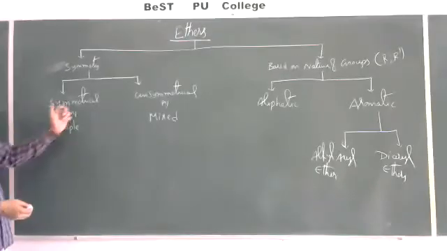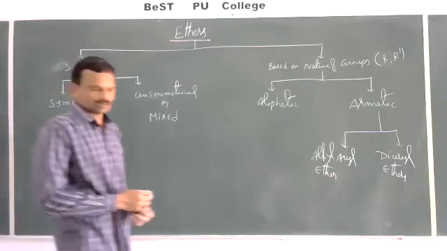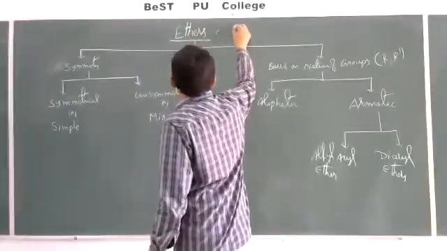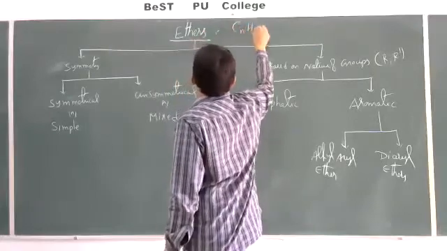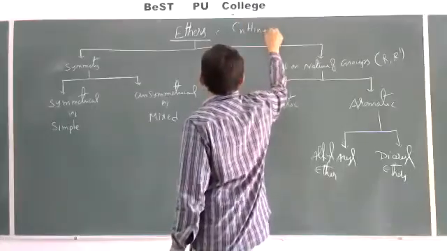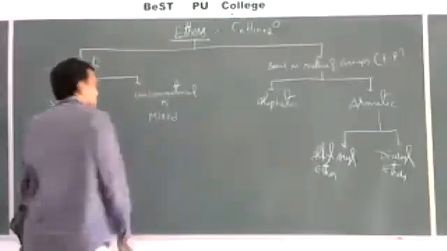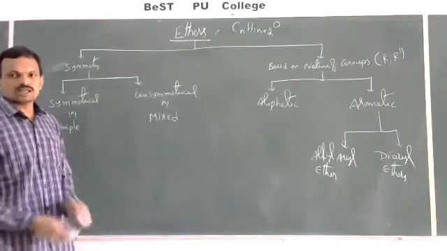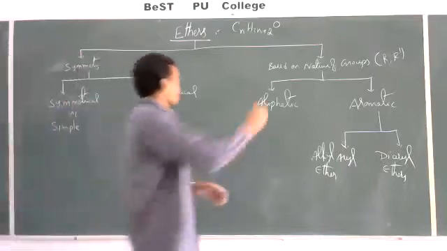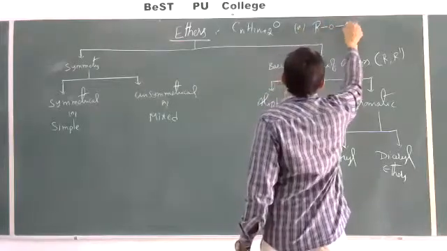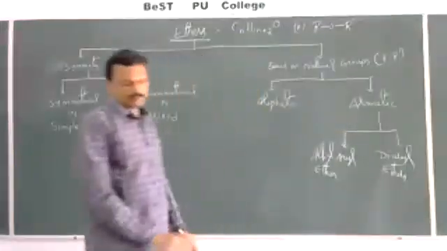Okay. Now, what are symmetrical ethers or simple ethers? See, what is the general formula of ethers? CnH2n+2O. This is the general formula of ethers, otherwise ROR, otherwise ROR dash.